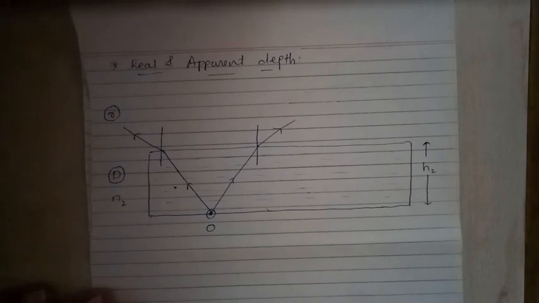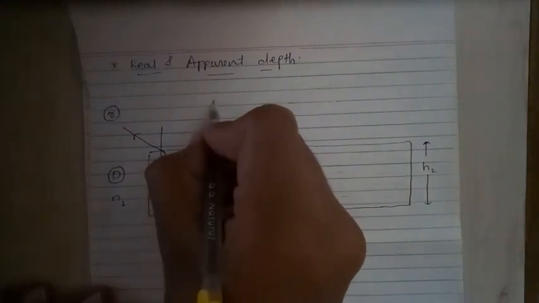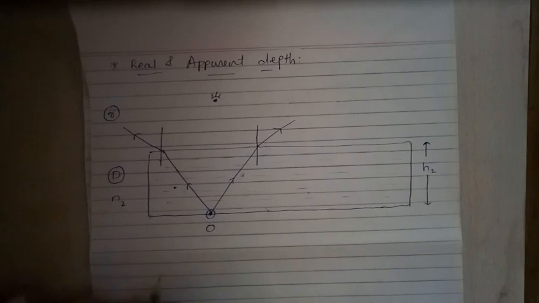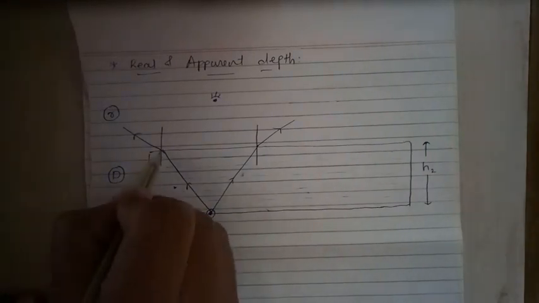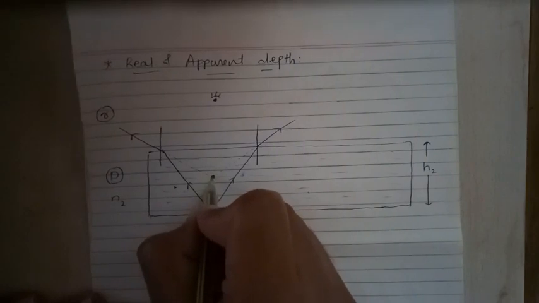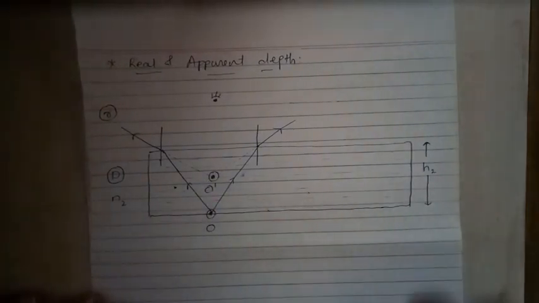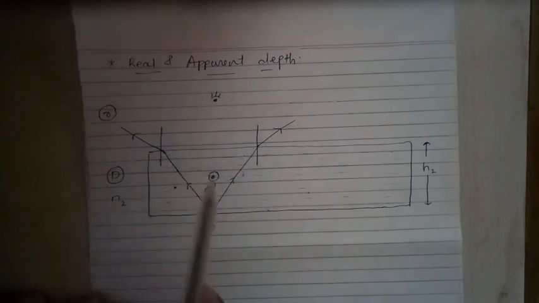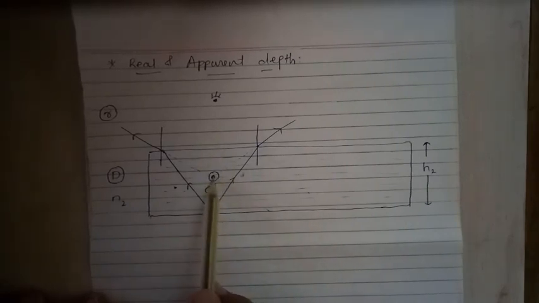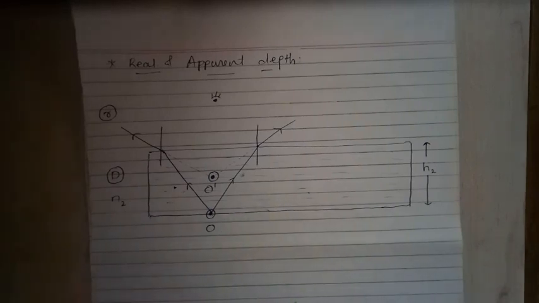But when we see normally, we can see that these rays meet at some point here. Here we can denote it O dash. So when the bottom is viewed normally, the bottom O is observed at point O dash instead of O.